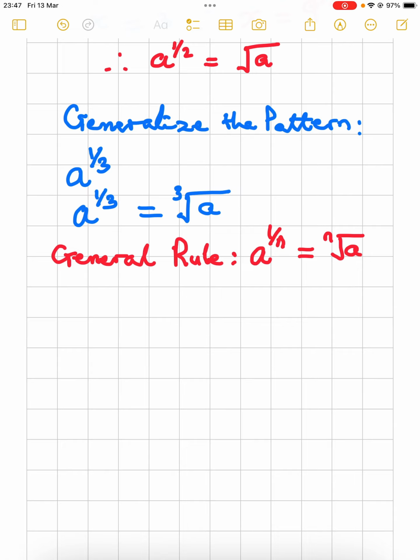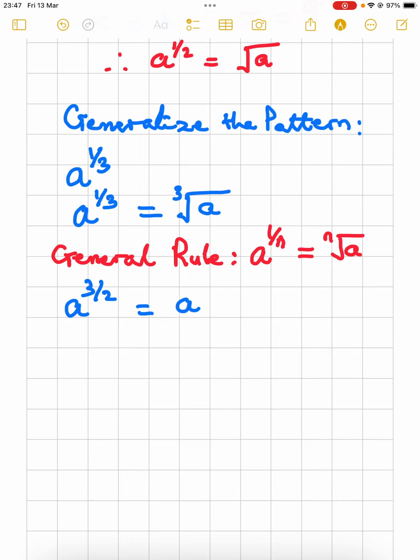Now let's move to the form m over n. Let's consider this. a raised to power 3 over 2. Let's break this apart.